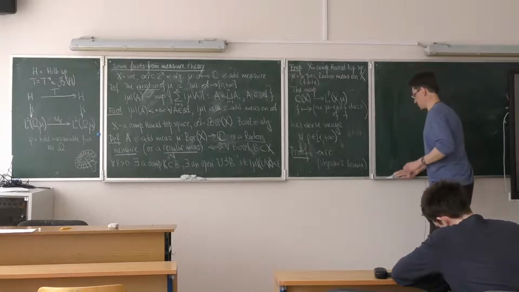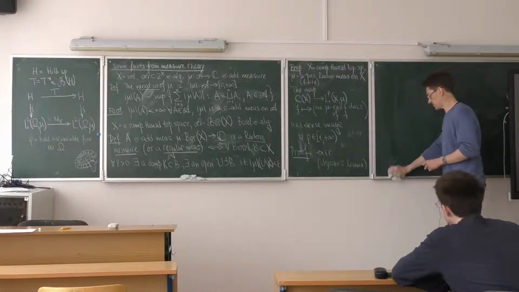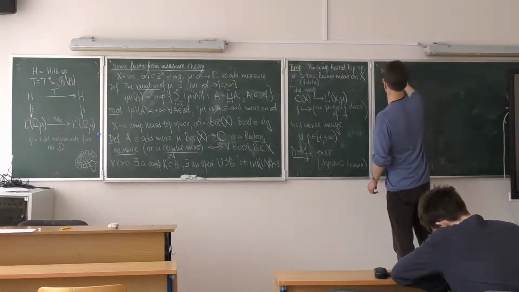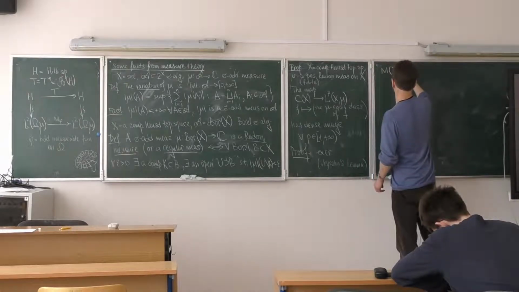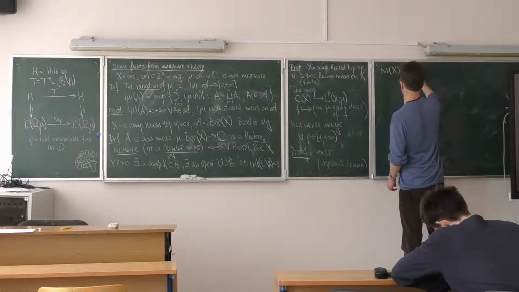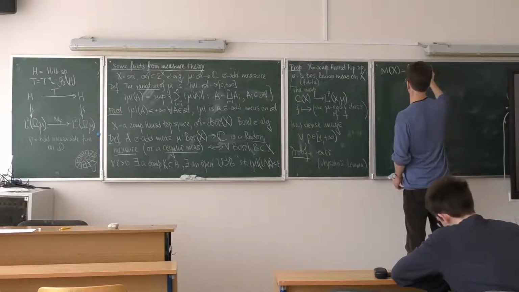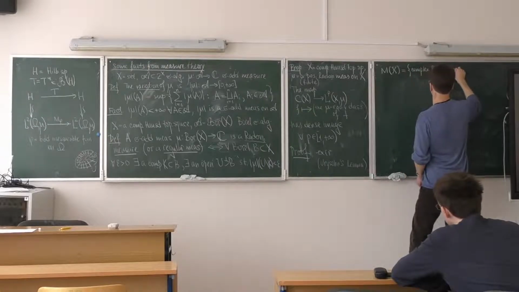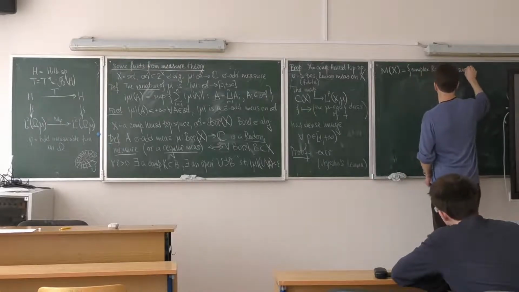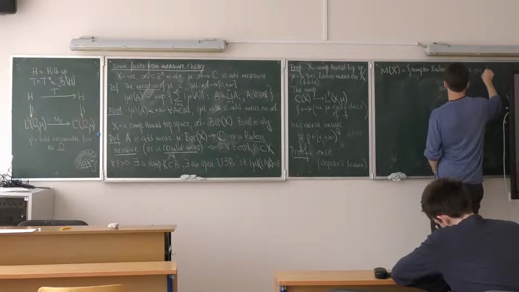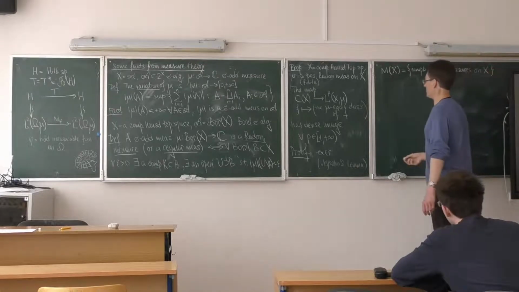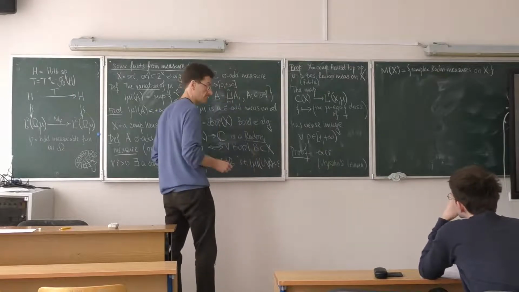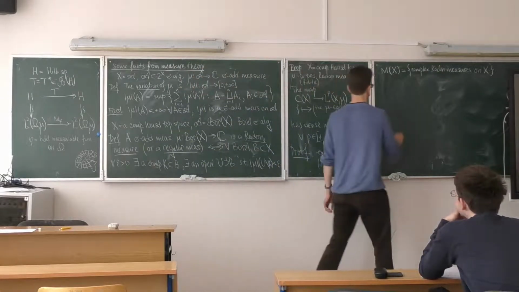Okay, now for each compact Hausdorff space X, we denote by M of X the space of all complex Radon measures on X. This is easily seen to be a vector space under pointwise operations, and actually it is a Banach space.